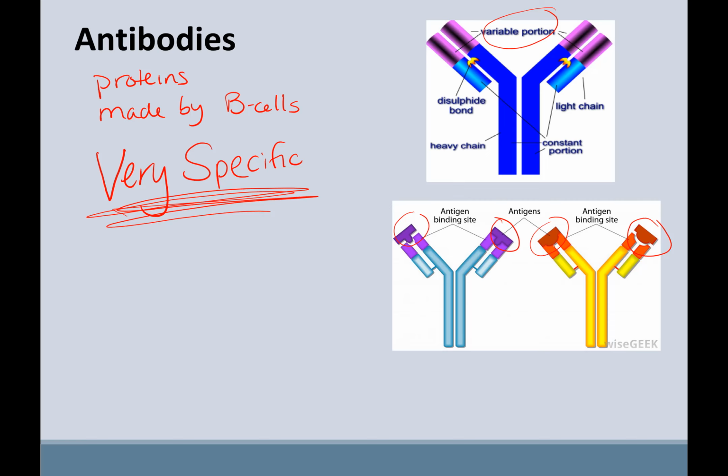Okay. And the cool thing is, hopefully you may have learned this in genetics, and there's information in your book about how these proteins are made. They're made by genetic recombination, random recombination of DNA. And so every time you produce a new antibody, you produce something slightly different at the tips.